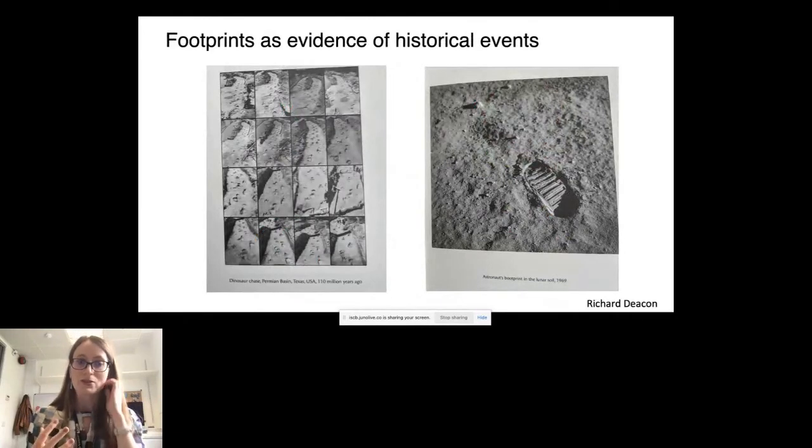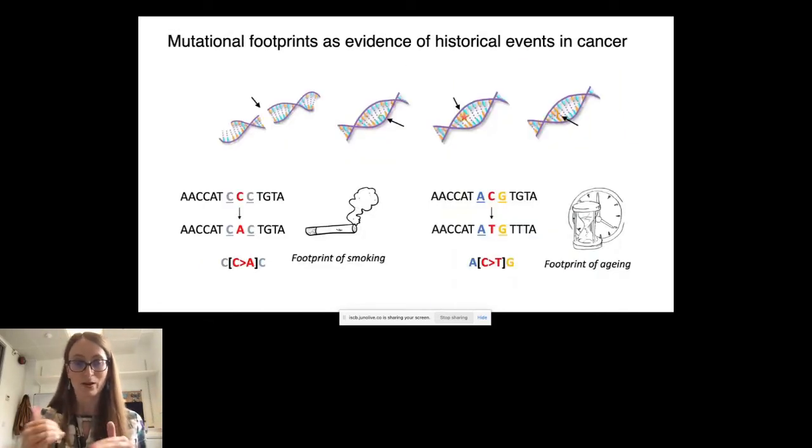Now, just like footprints can act as evidence of historical events. So for instance, from this really beautiful book from Richard Deacon, you can see here footprints of dinosaurs. They're evidence that dinosaurs existed. Or a boot print of Neil Armstrong on the moon is evidence for humans having been there. Very similarly, we can think of mutational processes and what they do in the genome.